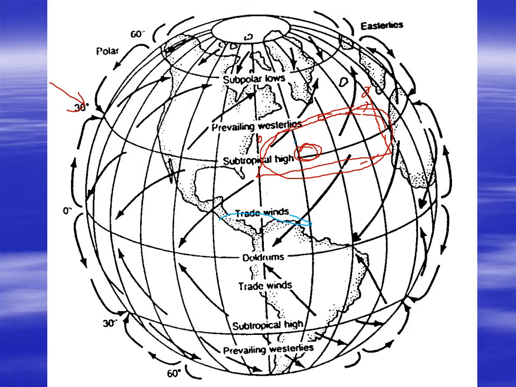So those areas right there, they sometimes call the horse latitudes, because if you had a sailing ship carrying livestock and you're becalmed and the wind's not blowing you anywhere, you're sitting here running out of food and water, and eventually you eat your horses.